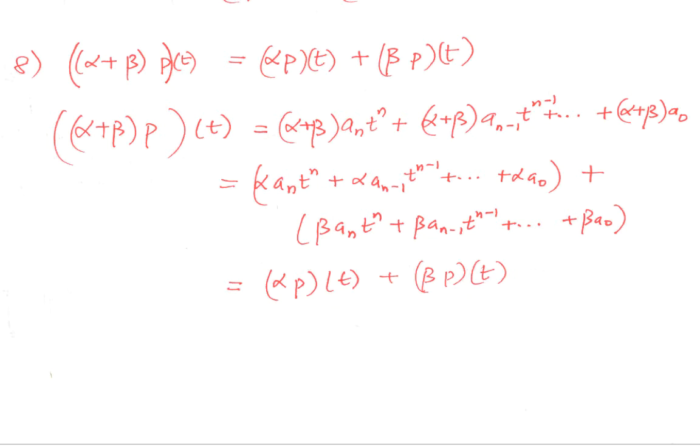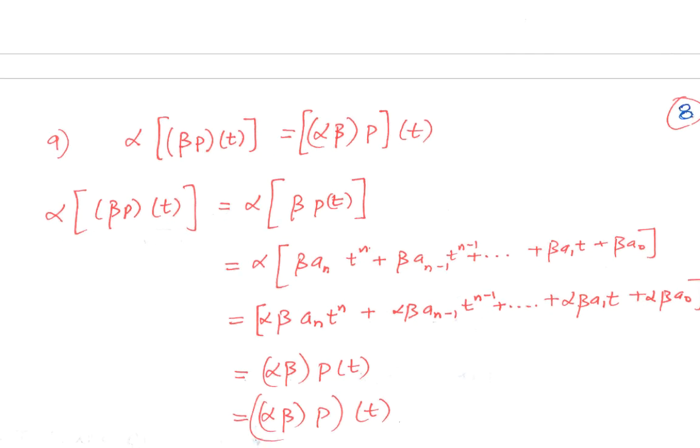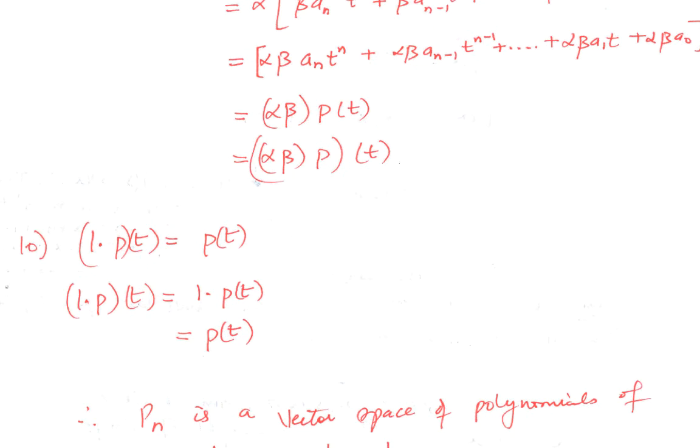Then the second last axiom is that you take scalars alpha and beta, multiply beta to p and then multiply alpha to it. Again, you will get the same answer as you multiply these 2 scalars together and multiply it to a polynomial. And the final one is the multiplicative identity of a polynomial p of n.